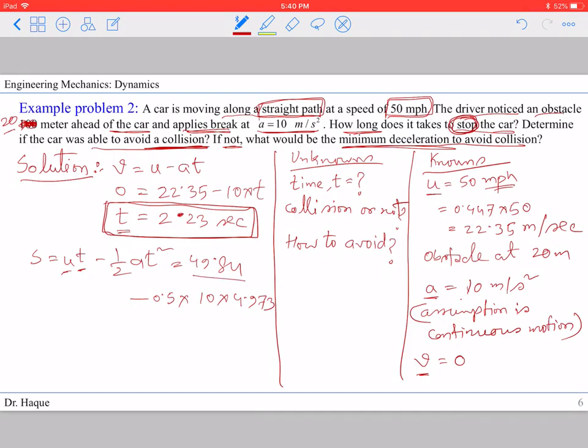So if we solve this, we get the distance 24.865 meter.